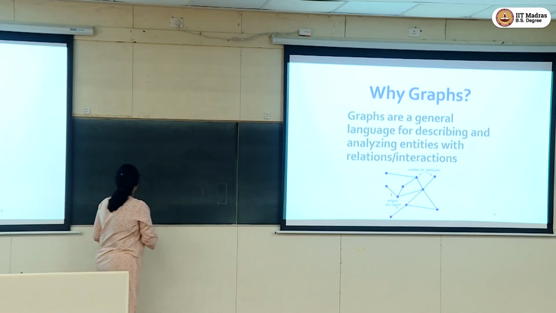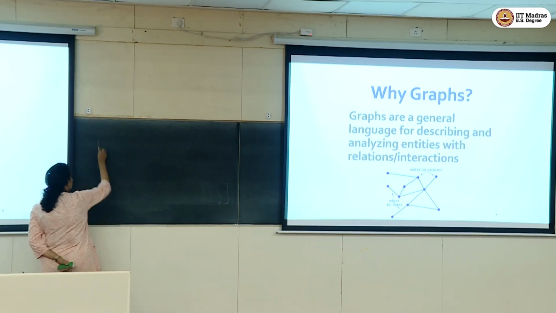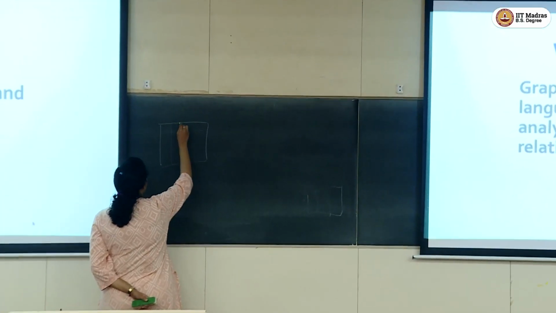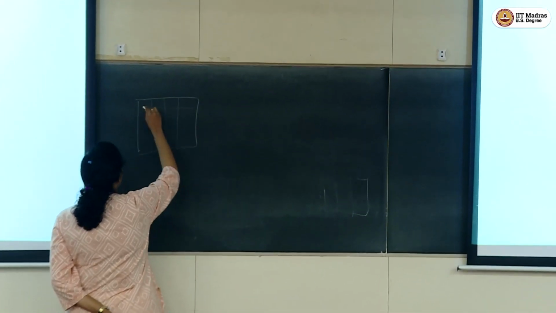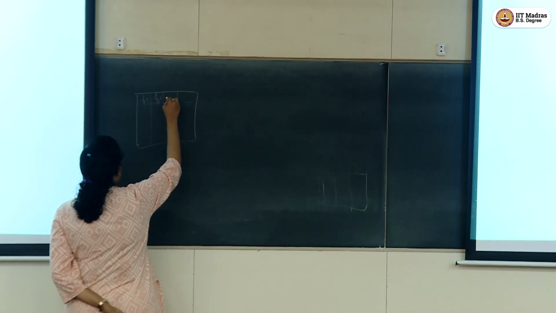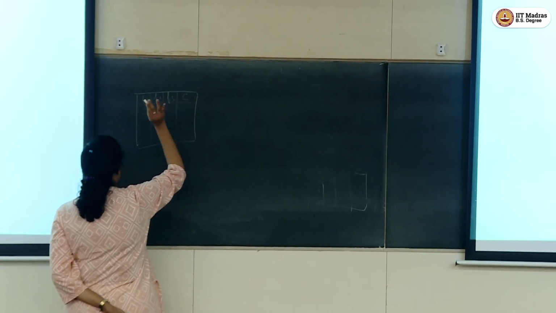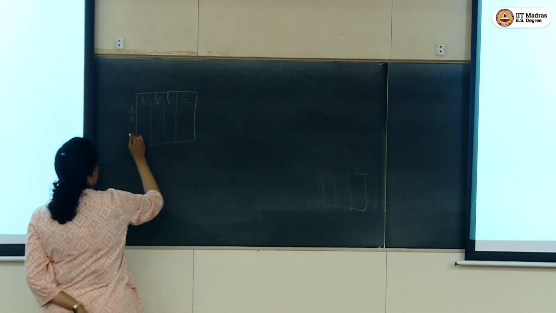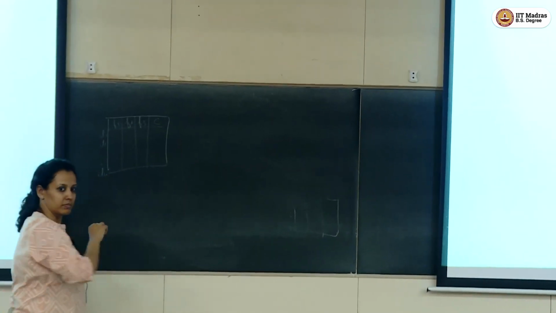When you started with machine learning, you had these rows and columns, let's say feature 1, feature 2, and feature 3 and some class label, and data sample 1, data sample 2, and so on. That's how it was.